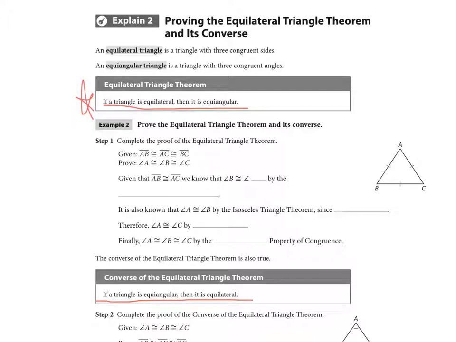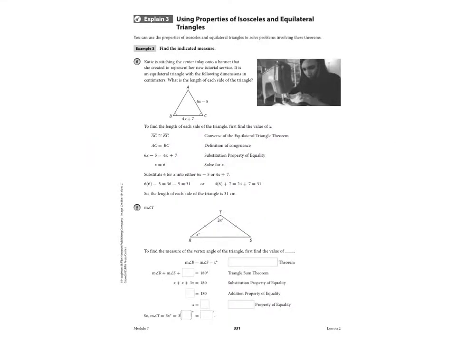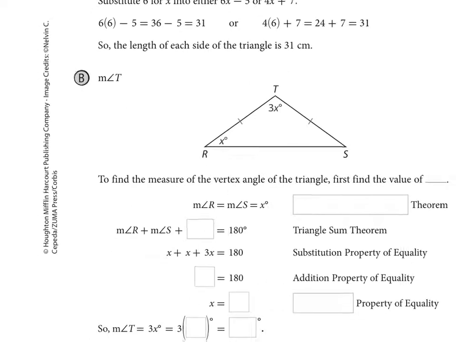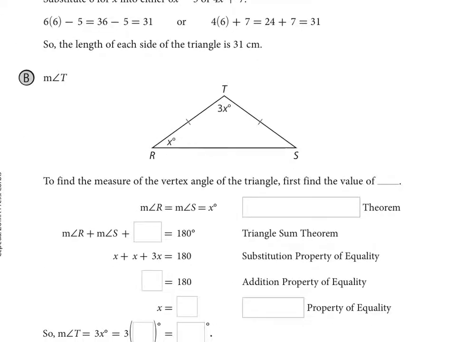So if we turn again to the next page and we look down here at B, it says find the measure of angle T. Well, what do we know about the measure of angle T? Well, first off, I know that S has to also be x degrees.